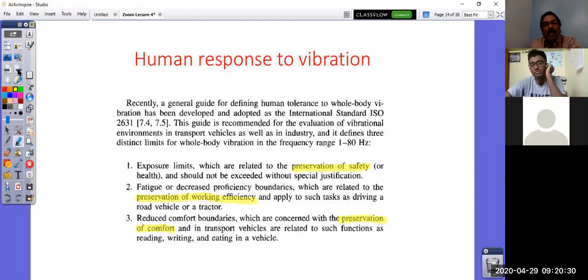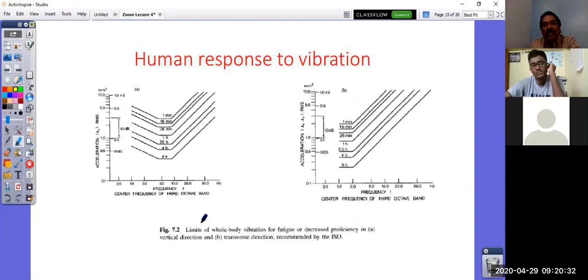So what you see in this slide is for the second criterion of fatigue or decreased proficiency, in vertical as well as in transverse and longitudinal direction. If you see here, this is the 10 dB level.